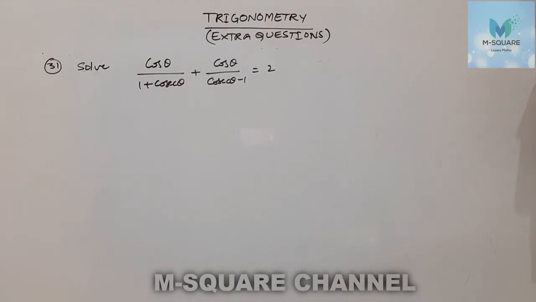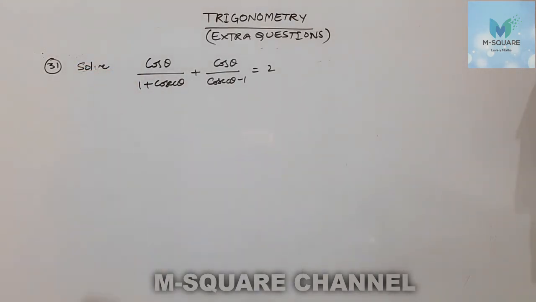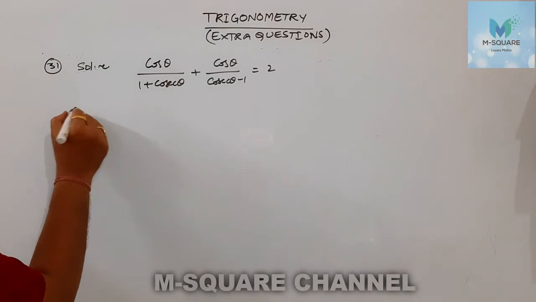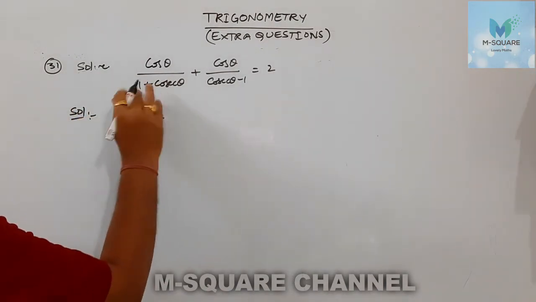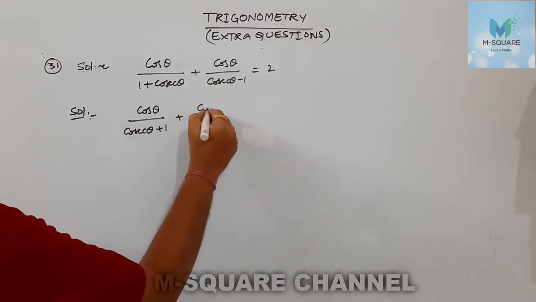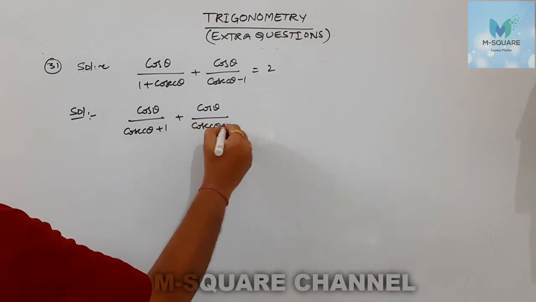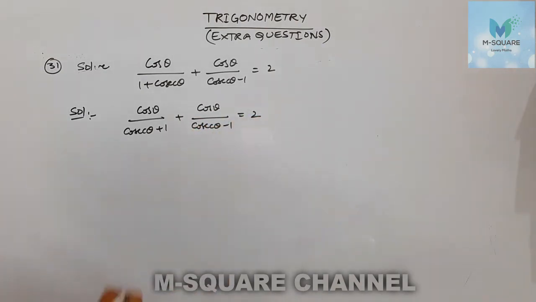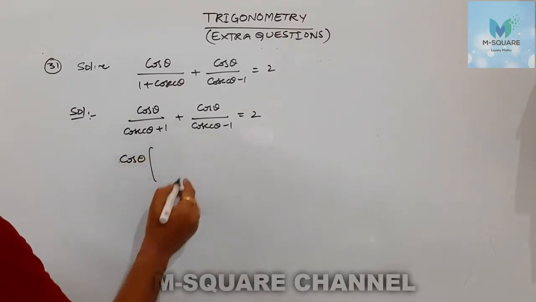Okay. In this question, solve cos theta by 1 plus cosecant theta plus cos theta by cosecant theta minus 1 equal to 2. So here, I am writing it like this, cos theta by cosecant theta plus 1 plus cos theta by cosecant theta minus 1 equal to 2. Cos theta will be common.